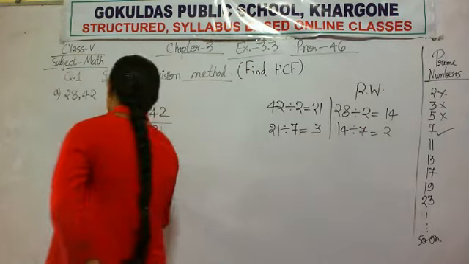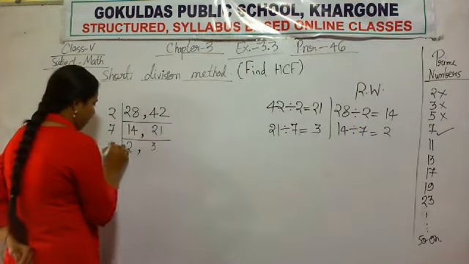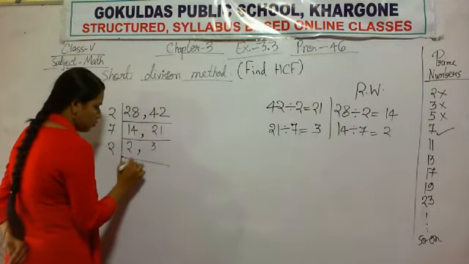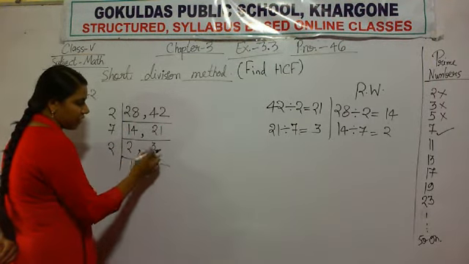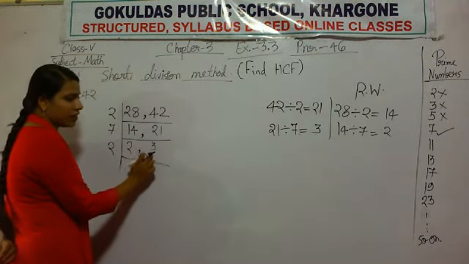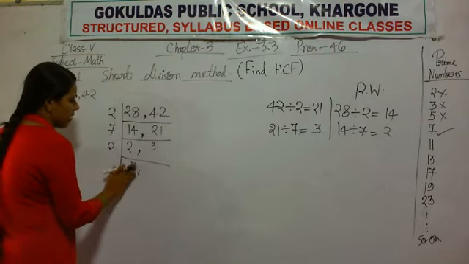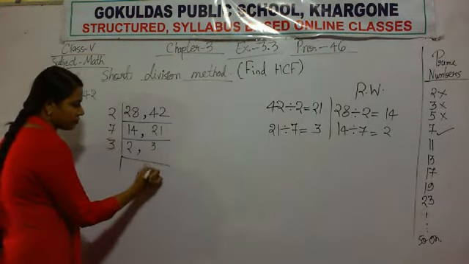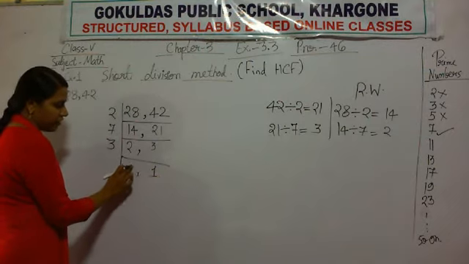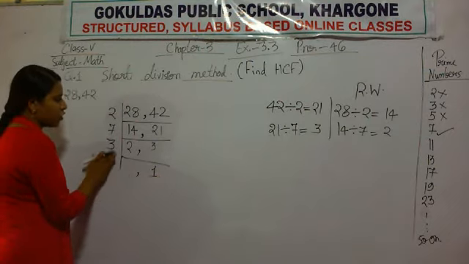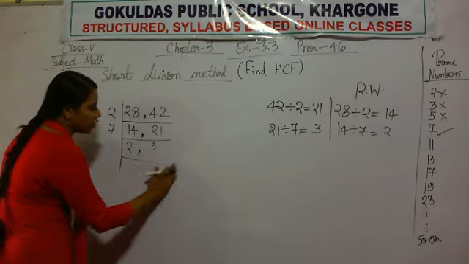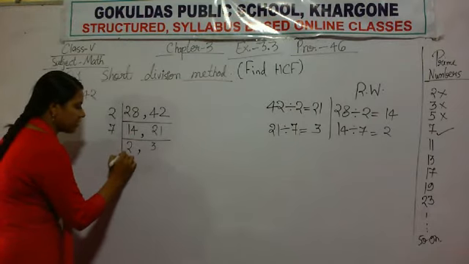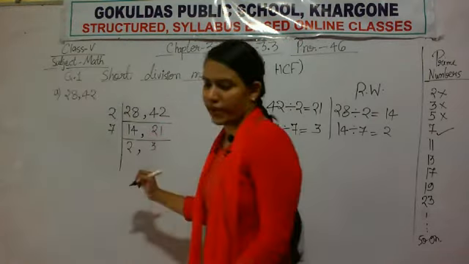If I divide by 2, I can divide 2 one time, but I cannot exactly divide the 3. And if I divide by 3, then 3 ones are 3, but 2 is not divisible by 3. So we need to continue this process till we get such a condition.